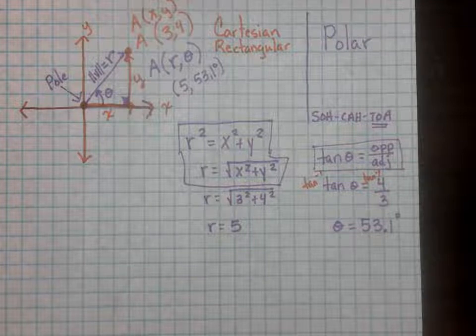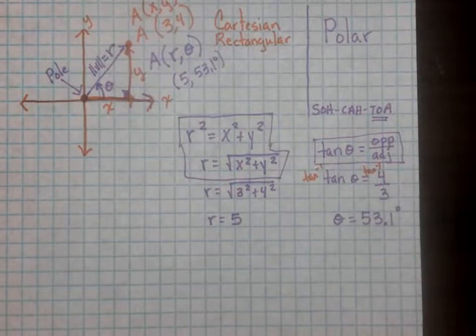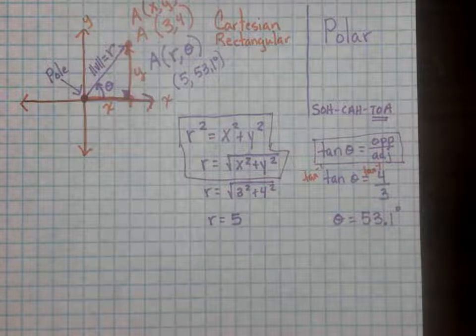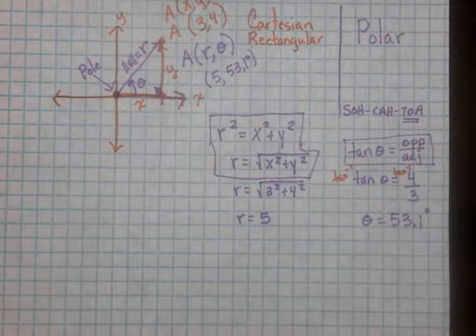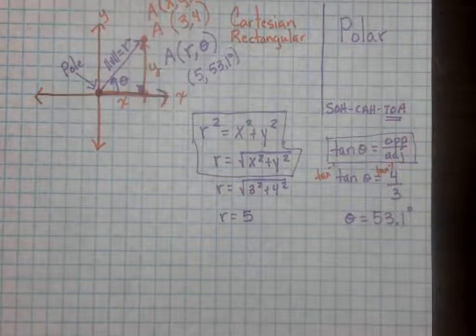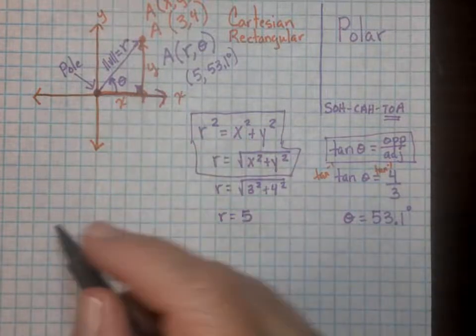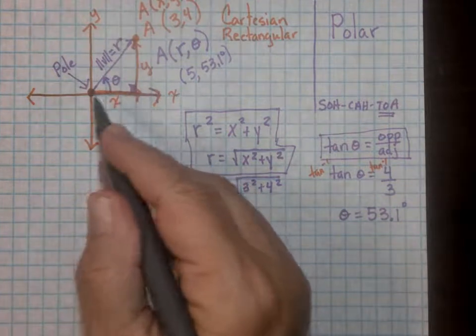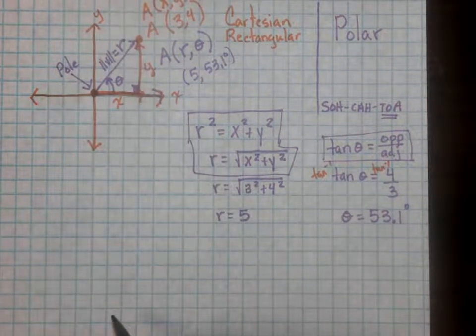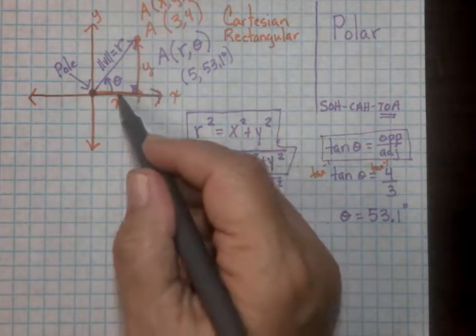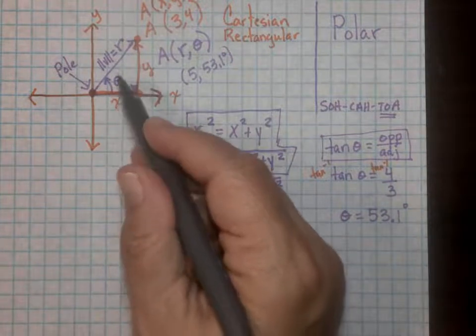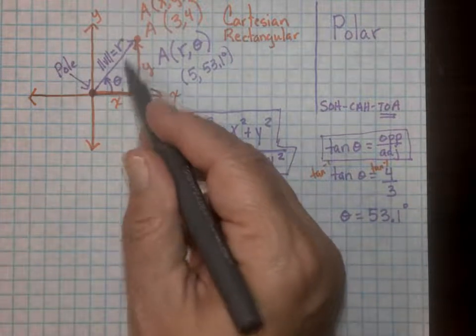Well, what if we knew r and theta and we wanted to know the rectangular form? That's also pretty easy with everything we've learned this year. If I want the rectangular form, I need to express x in terms of r and theta.